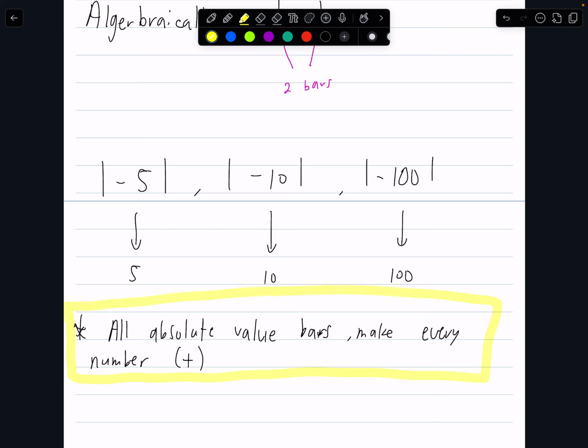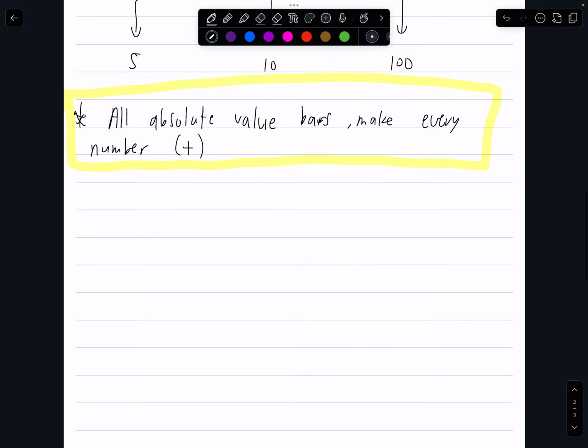Once you're in these bars, it automatically makes the number positive. Now, here's the thing. You're going to get different types of questions with absolute value. Sometimes they'll give you a list of numbers and they'll say, okay, I want you to rearrange these from greatest to least. So an example of that kind of question would look like this.